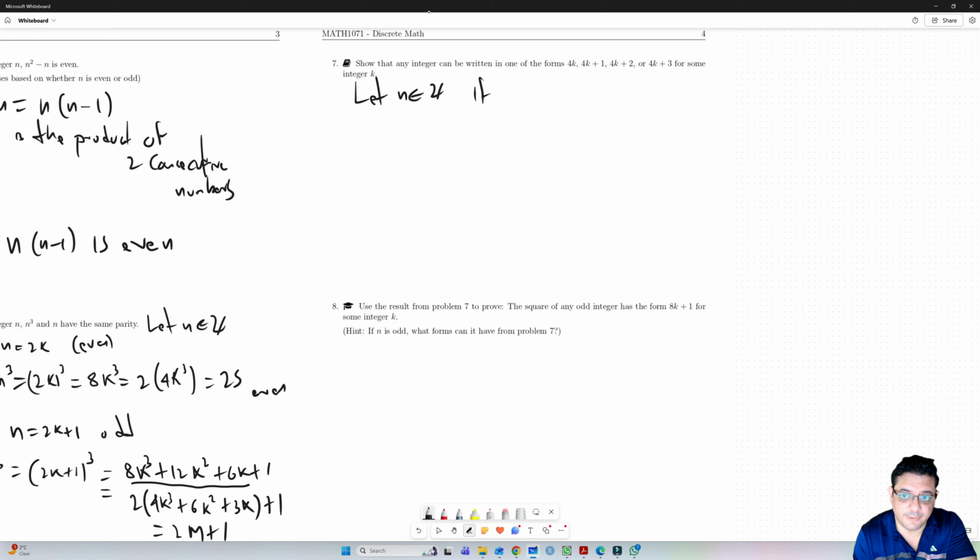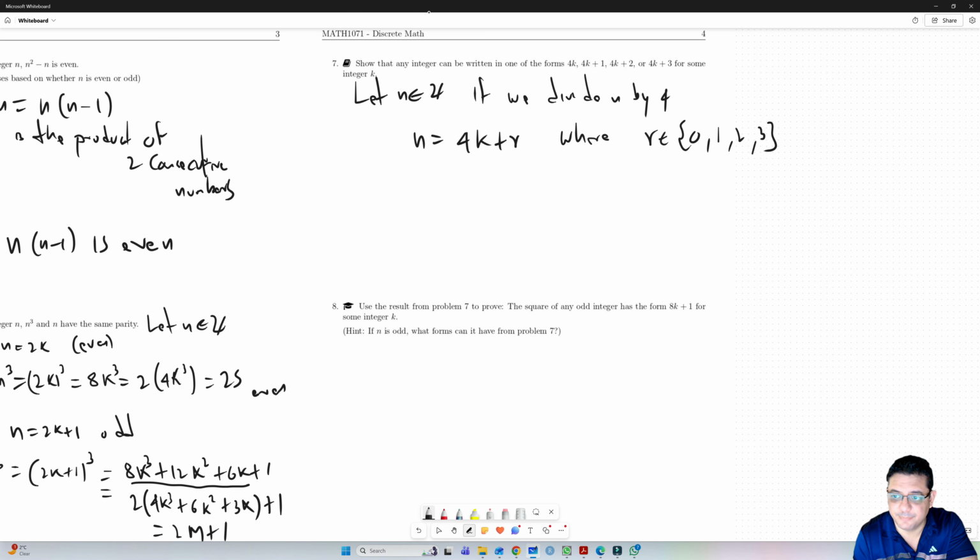So if we divide n by 4, we have 4 cases. So we're going to have that n is going to be 4k plus r, where r is going to belong to either 0, 1, 2, or 3. So r is the remainder, and k is an integer, right?